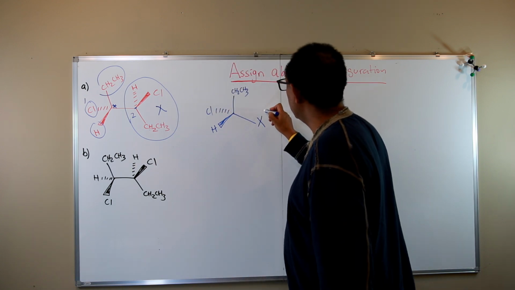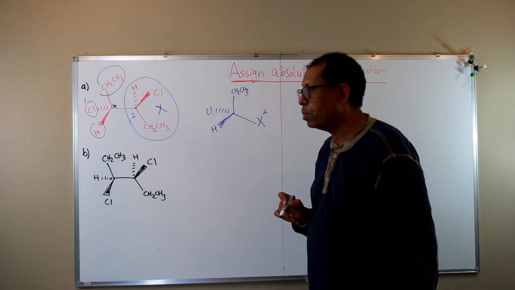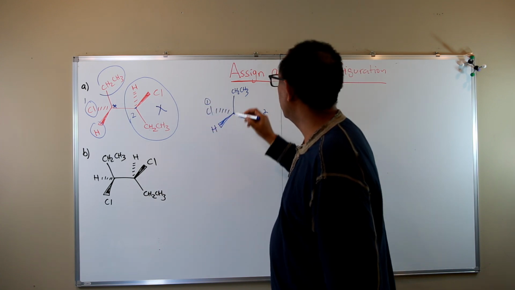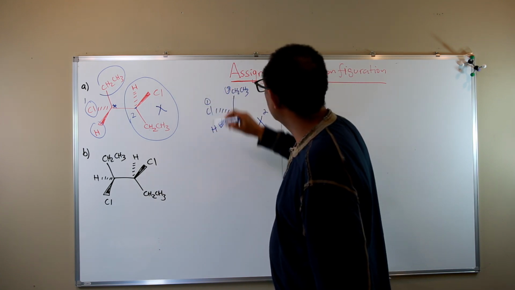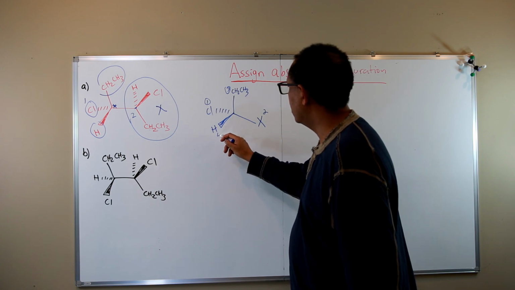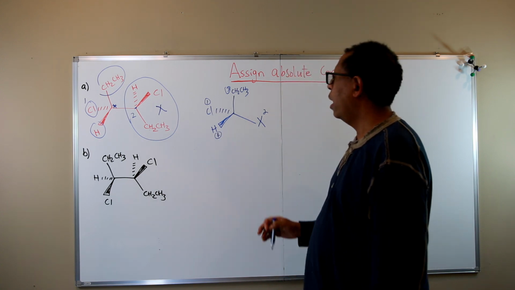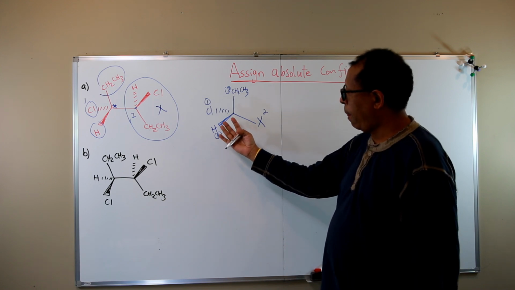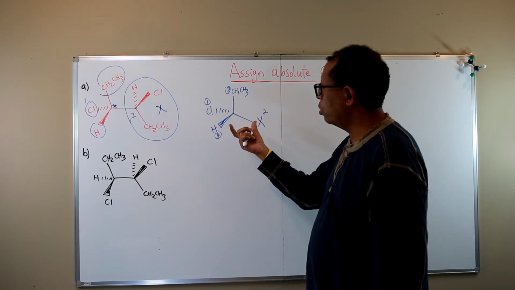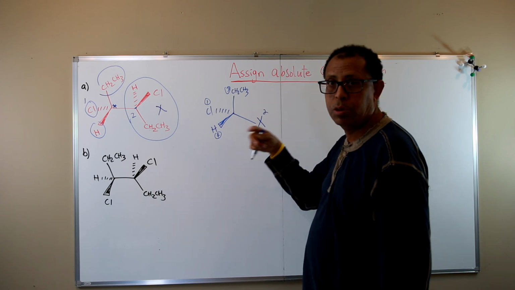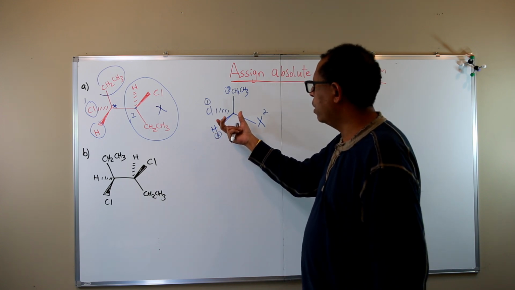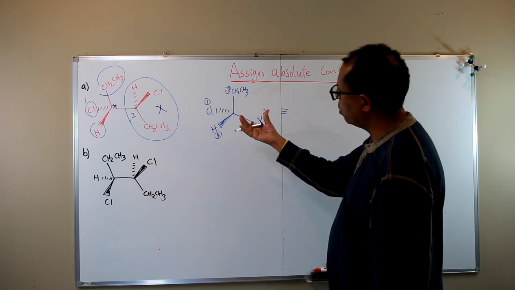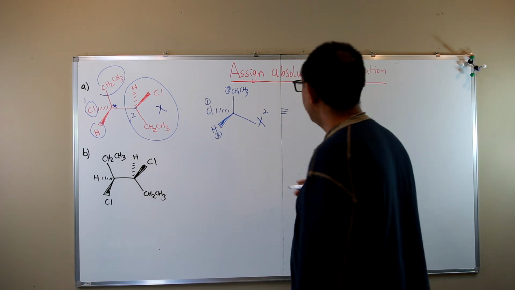So X is priority 2, and this is priority 1, priority 3 is this, and priority 4 is this. Since hydrogen is still towards us, we should push hydrogen to the back of the plane of the board, so I can draw that by rotating it to the left.